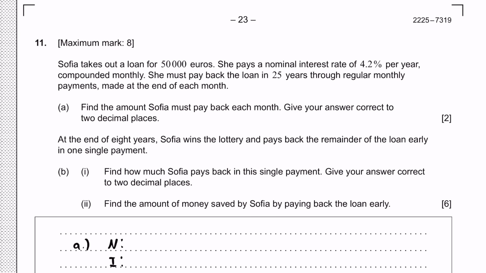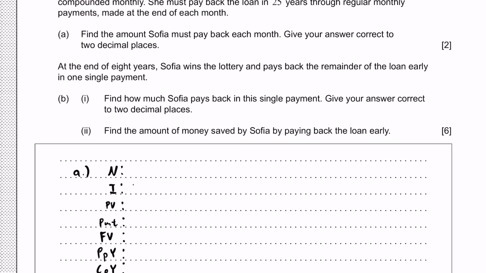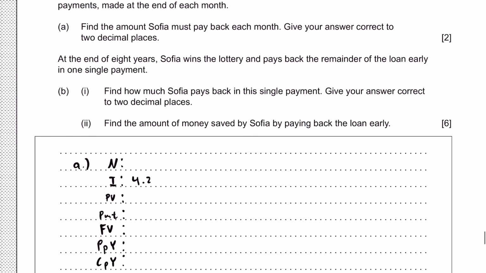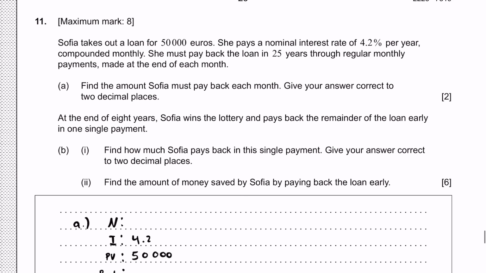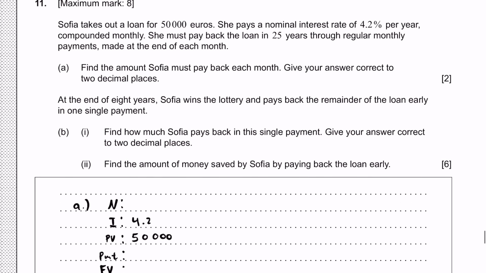So let's start off. I think the easiest one to always start with, the most straightforward one, is the interest rate. So she's paying 4.2%. Present value, in this case, is $50,000. Generally, we use the convention of money flowing in, money flowing out. In this case, Sophia has the money in her hands in some way, so we can write that as positive. PMT is the monthly payments.